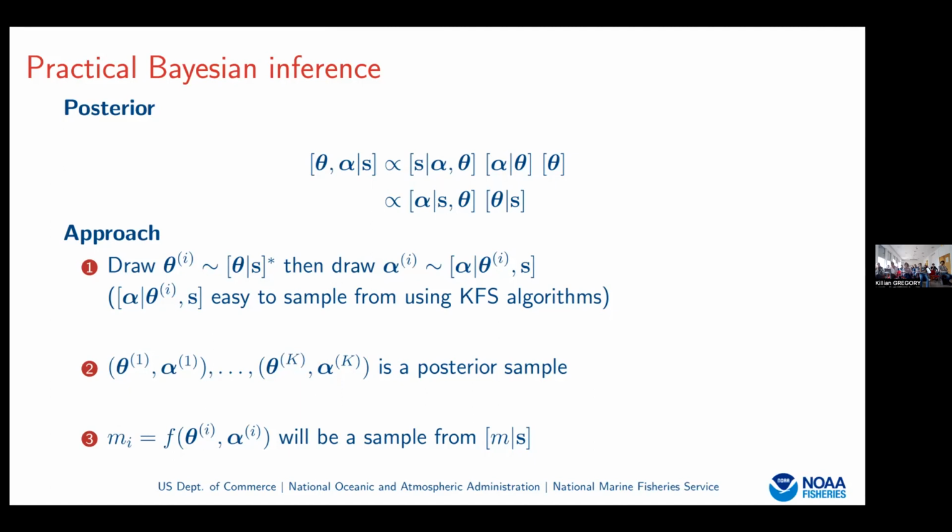And so the key is that we can just draw one of these values from this distribution. And remember, once we fit that, we have great ways to evaluate the likelihood with the Kalman filter that averages over the state. So we can get or approximate this part relatively easily because we can just evaluate the likelihood. So if we can draw from this distribution, and then take a draw from this, because given the parameter values, there's a really nice algorithm that draws from the posterior of the states.